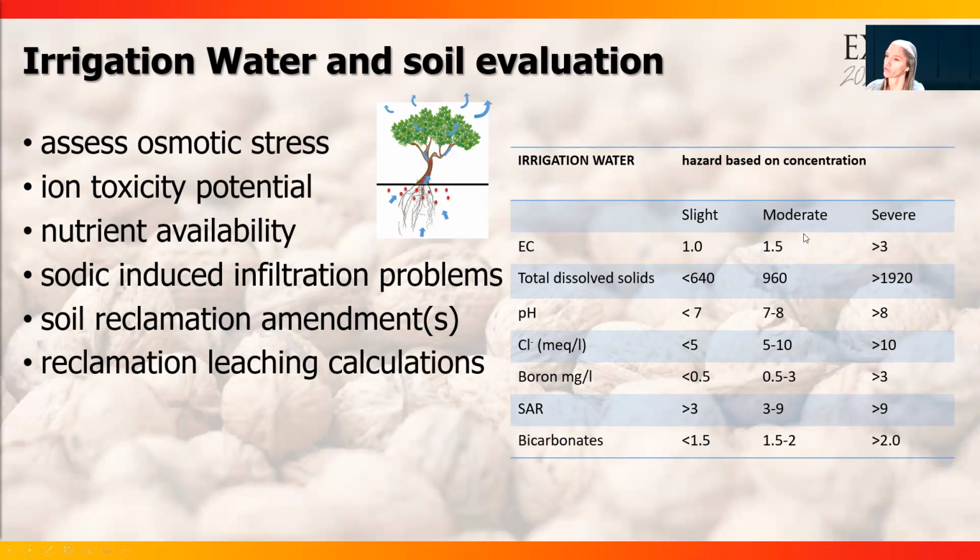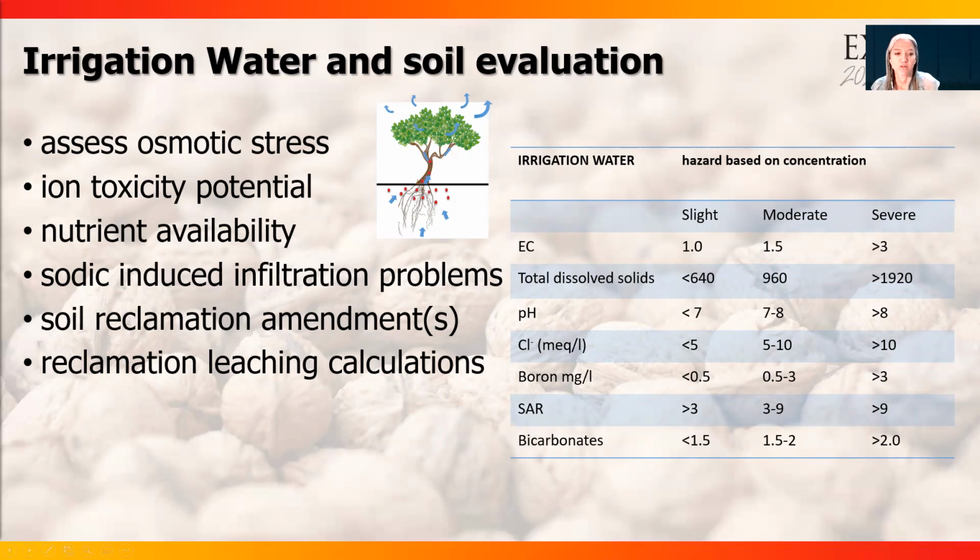You may remember a few slides back, I mentioned that for every 1 decisiemens per meter above 1.5, we start to see a decline in the growth and yield potential for walnut. As salts accumulate and that salt pressure outside the root continues to increase, it becomes too much for the roots to exclude those toxic salts, and they begin to accumulate in the woody tissue and leaves.